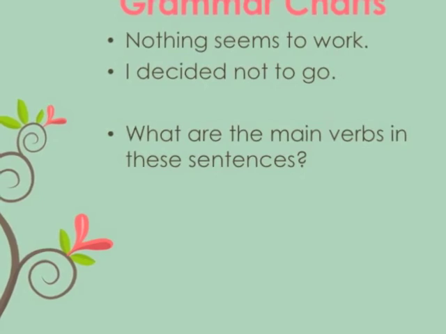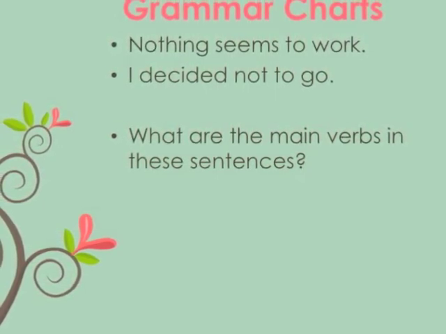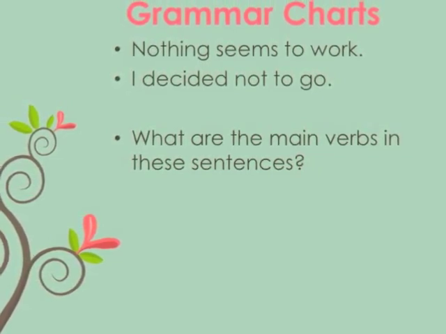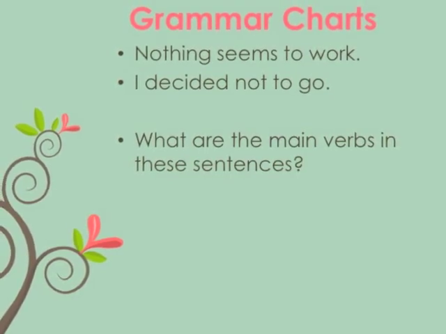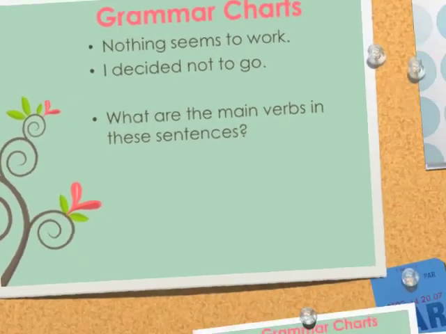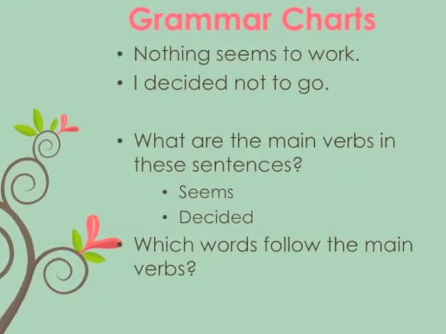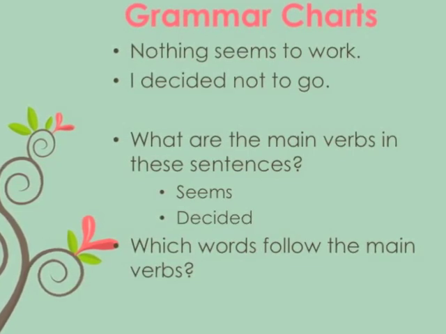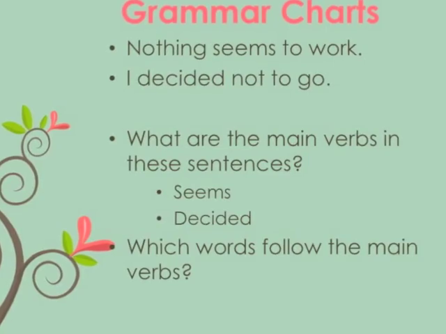Okay, so let's look at these two example sentences. Nothing seems to work. I decided not to go. What are the main verbs in these sentences? Go ahead and take a minute and write it down. If your paper says seems and decided, you did a great job. So which words follow the main verbs? Go ahead and write this down as well.